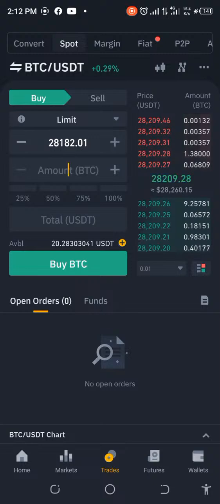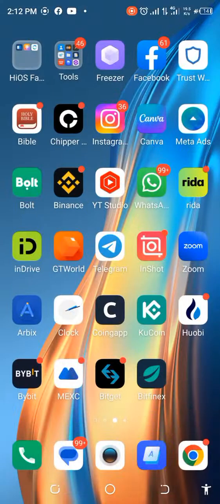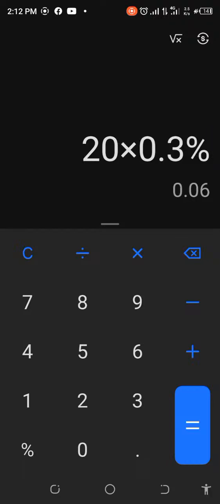So remember, it's 0.1%. So in the long run, you're going to be paying 0.3%. Okay. So what is 0.3% of $20? That's times 0.3%. Okay, that's 6 cents.